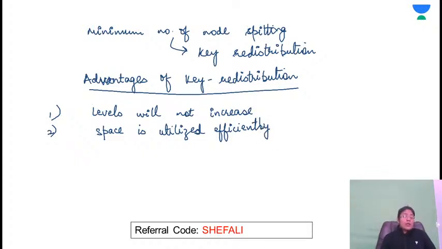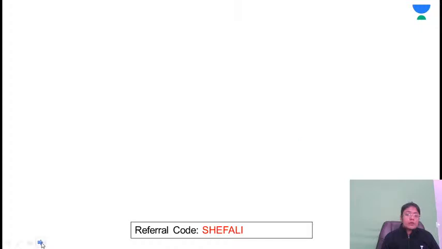When do you use it? When they are asking for the minimum number of node splittings or the minimum number of levels, wherever the term minimum comes. Or if nothing is said, then also go for key redistribution. Why? Because it has some advantages over the other concept. Okay? Any doubt?